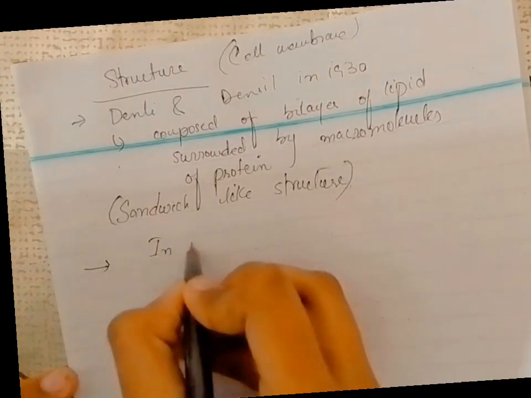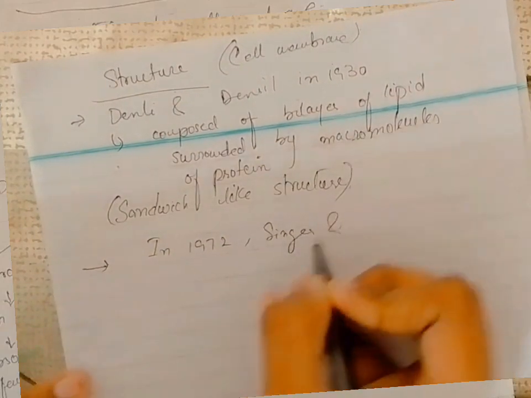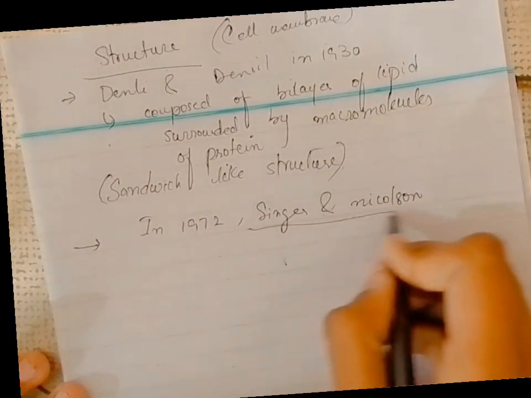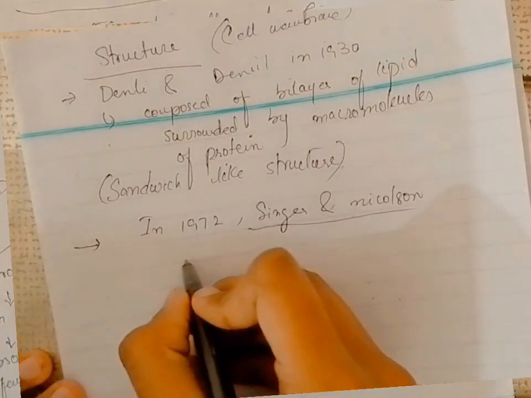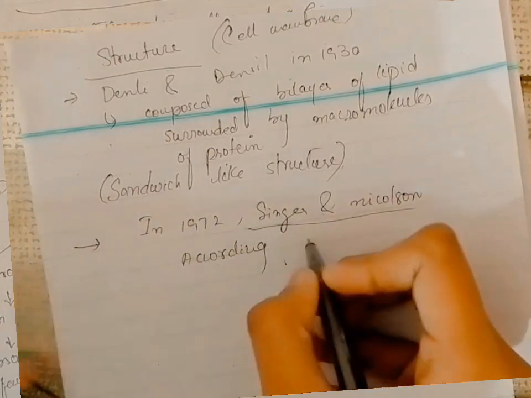In 1972, Singer and Nicolson gave the fluid mosaic model.